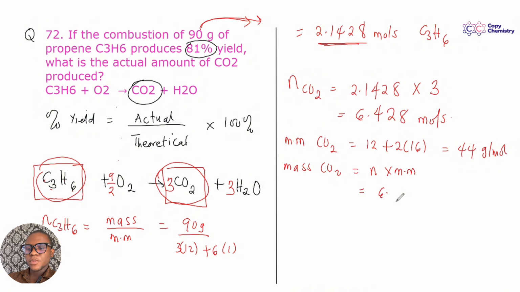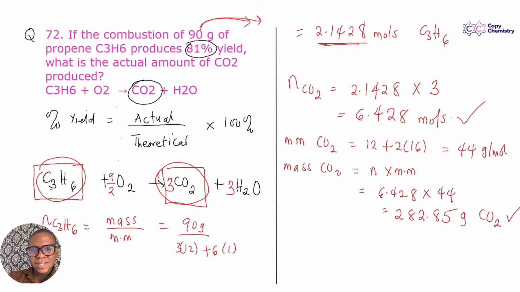So that's 6.428, this number of moles here, multiplied by this molar mass that we just calculated. So what does that give us when we multiply? About 282.85 grams of CO2.